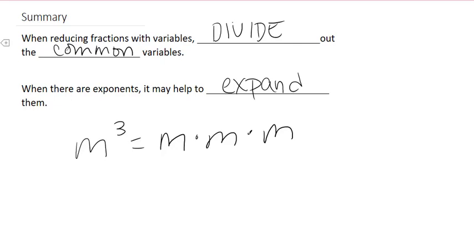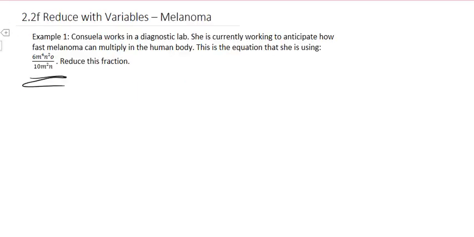So let's go back to our problem. When we have letters and numbers right next to each other, like it is right here, it really means we're multiplying them out. So let's now expand them. 6 can actually be broken out to 2 times 3.